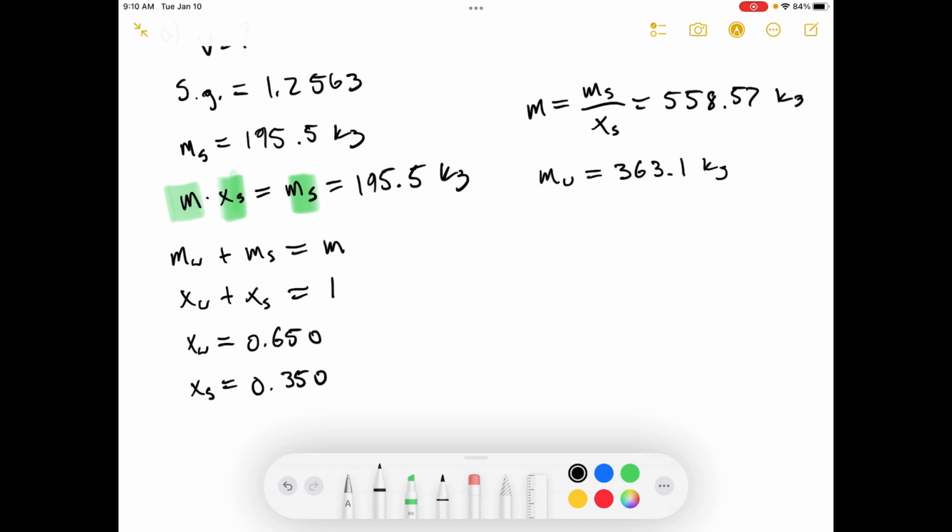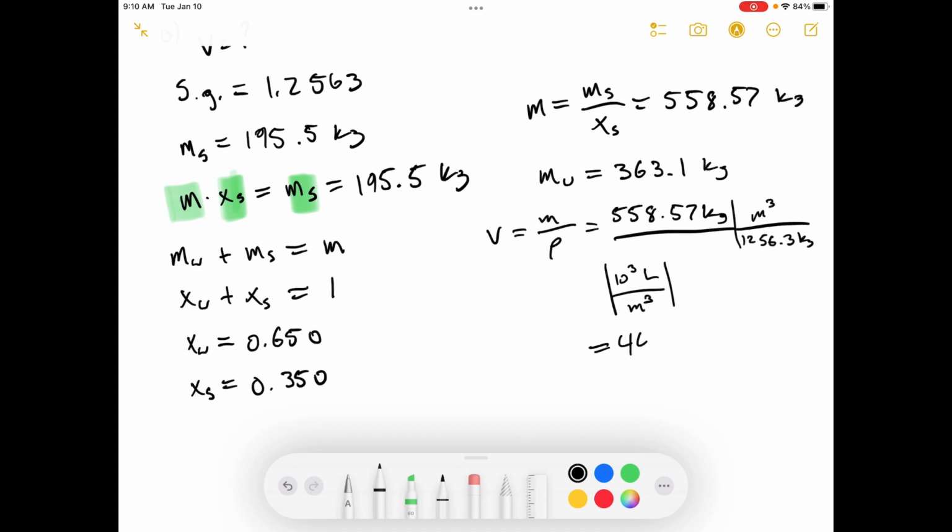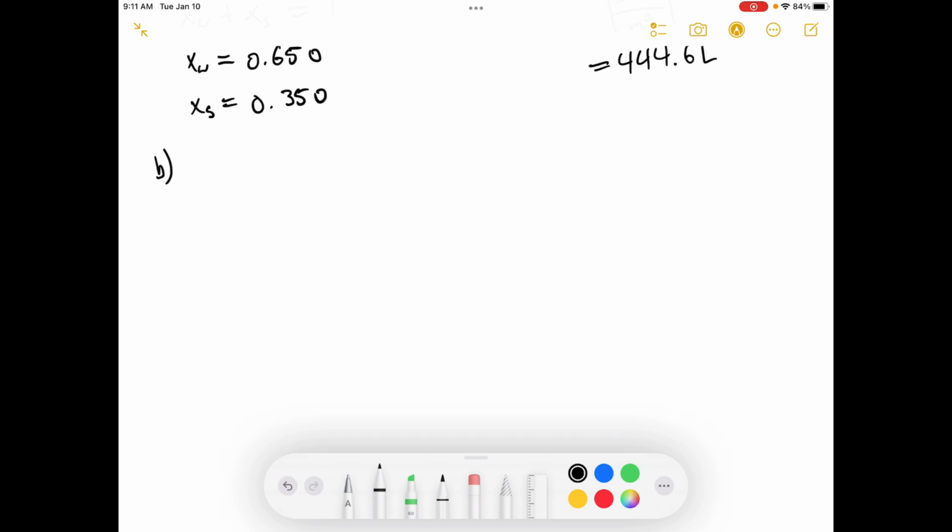Okay, so now the volume is equal to the mass over the density, which gives 444.6 liters. Great.